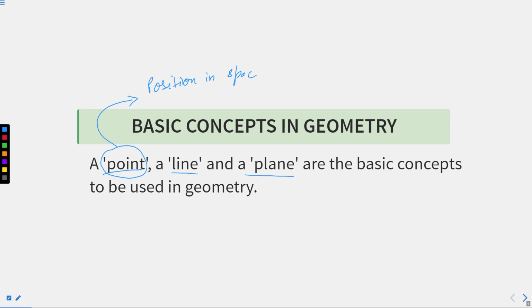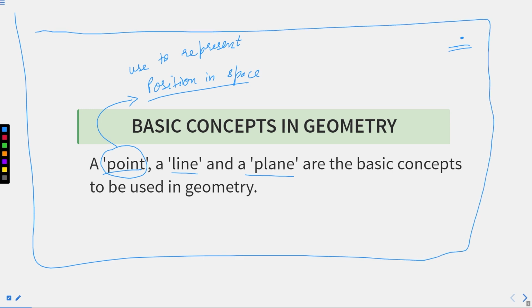A point is used to represent a position in space. Suppose this is our screen, and if I mark a point here, then this is some position. Or if you see the whole screen, I can say that I am pointing to this specific part of the screen. So a point is used to represent a position in space.